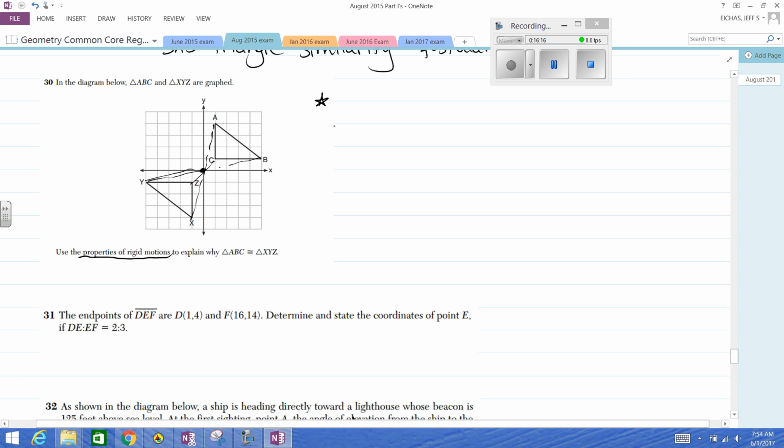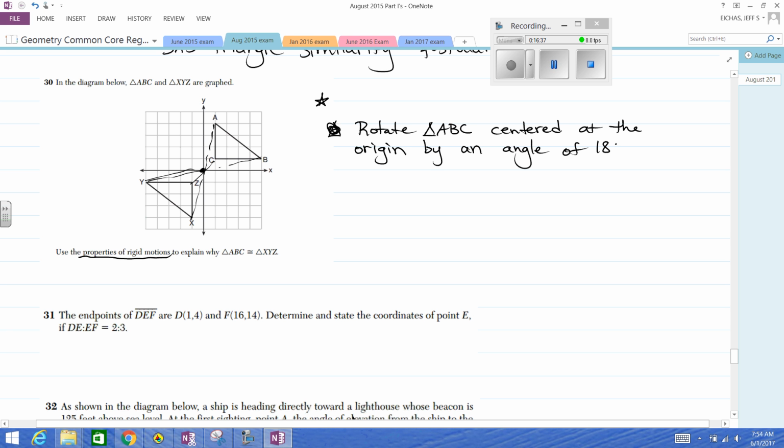So let's try this. We're going to rotate triangle ABC centered at the origin by an angle of 180 degrees.